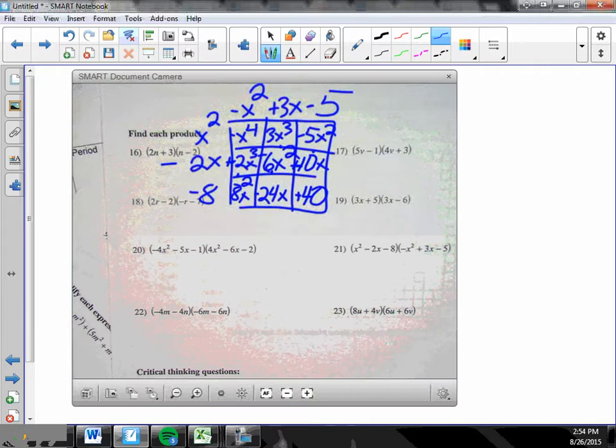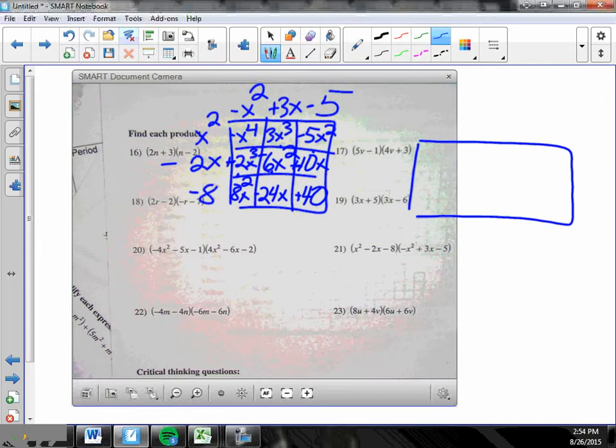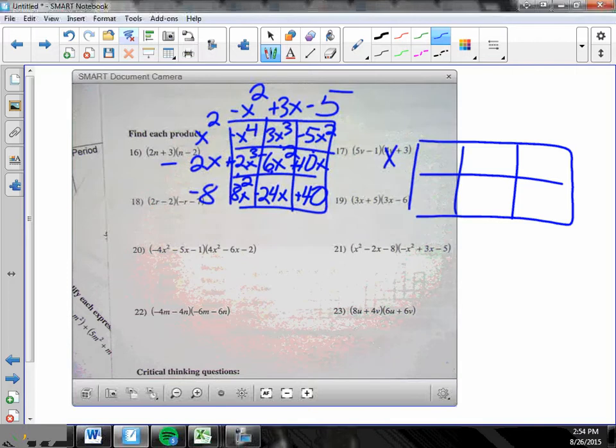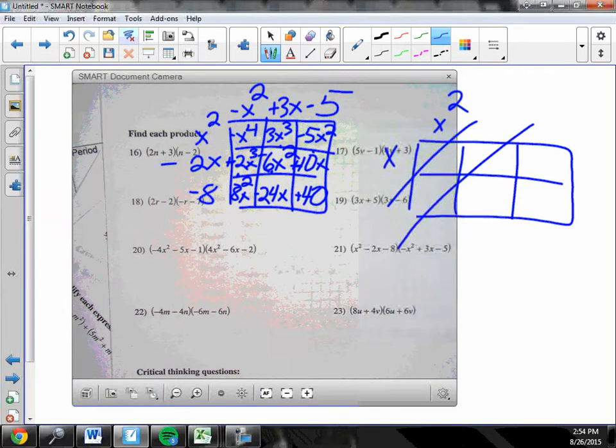What if I had a binomial and a trinomial? Will the diagonals line up? So let's say this is x, that's x, and this is x squared. That's going to be x to the thirds. Are those both going to be x squareds?